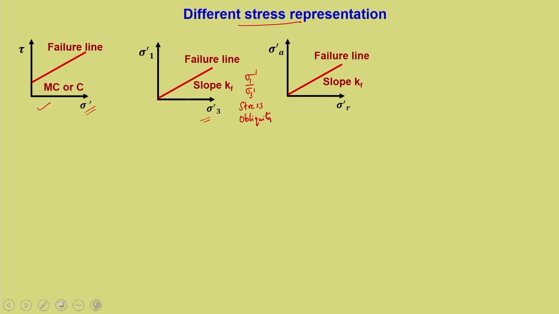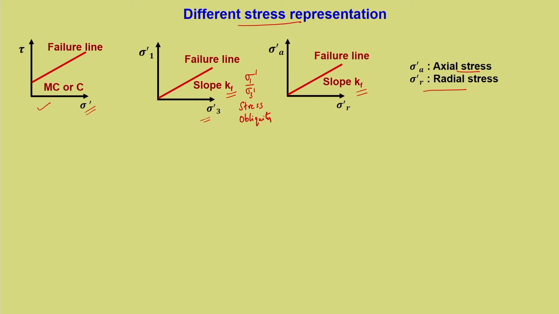So, sigma A dash is axial stress and sigma R dash is radial stress. You can plot sigma A dash versus sigma R dash, and again there is a failure line, and the slope of the failure line is represented by Kf. In all these representations the slope of the failure line is Kf. So, these are some different ways of stress representation.